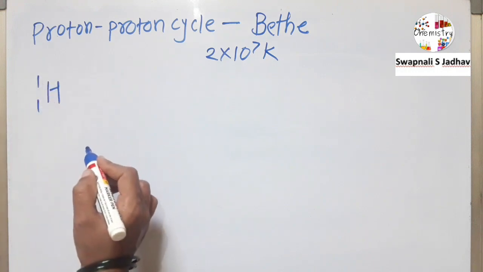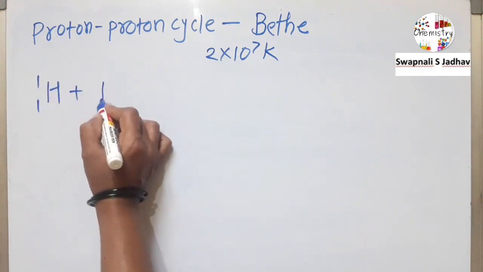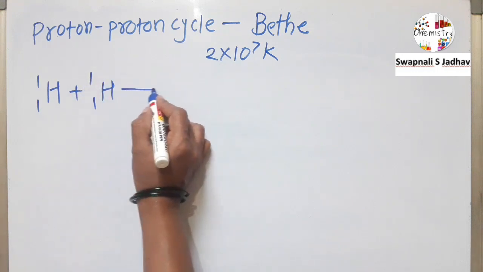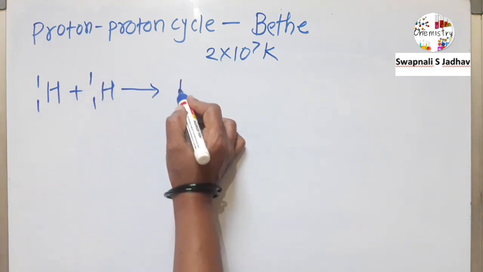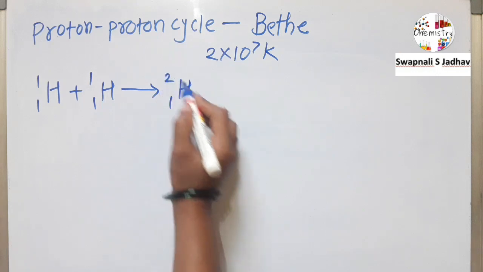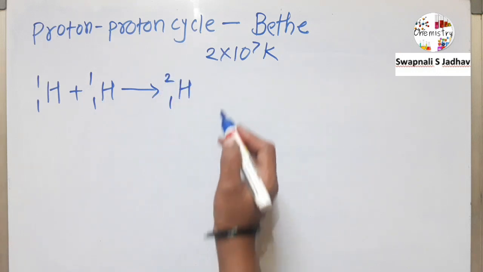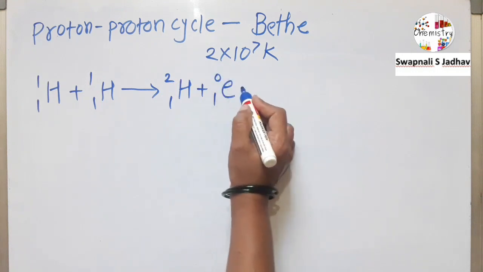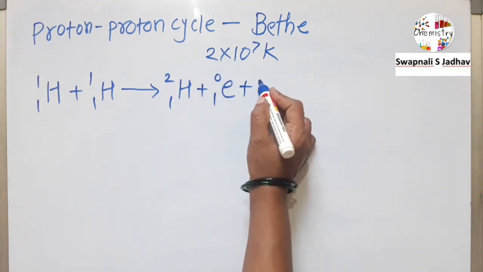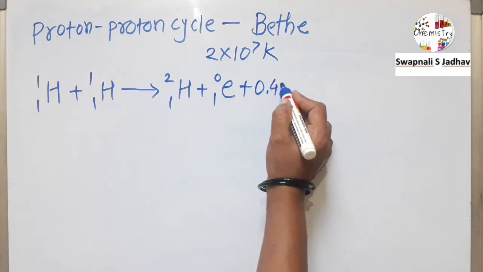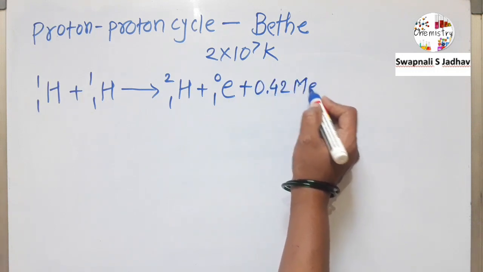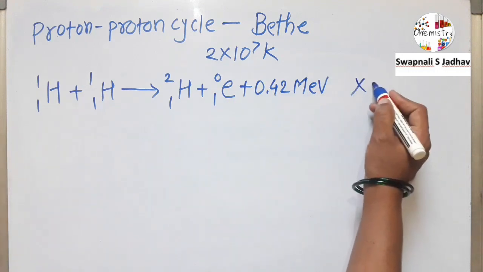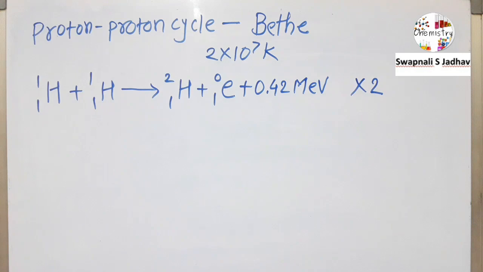So when proton combines or fuse with another proton, then there is formation of H12, that is deuterium, plus emission of positron with liberation of energy 0.42 million electron volt, and this reaction happened 2 times, therefore into 2.